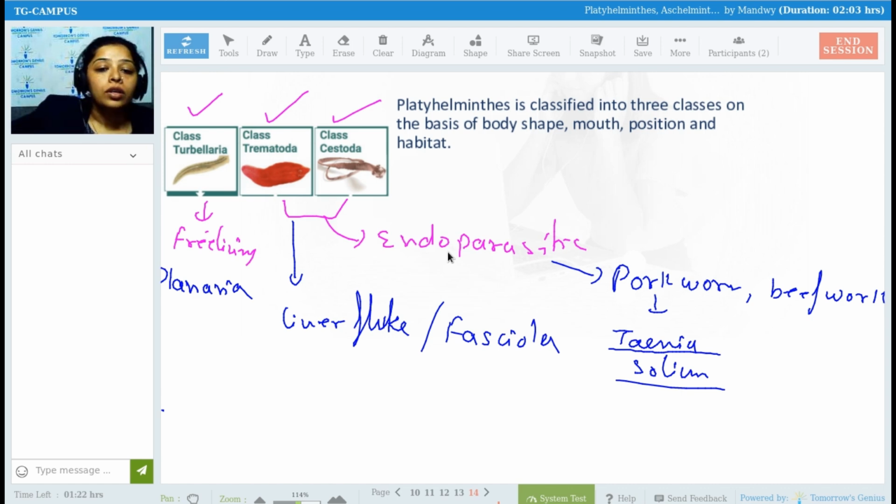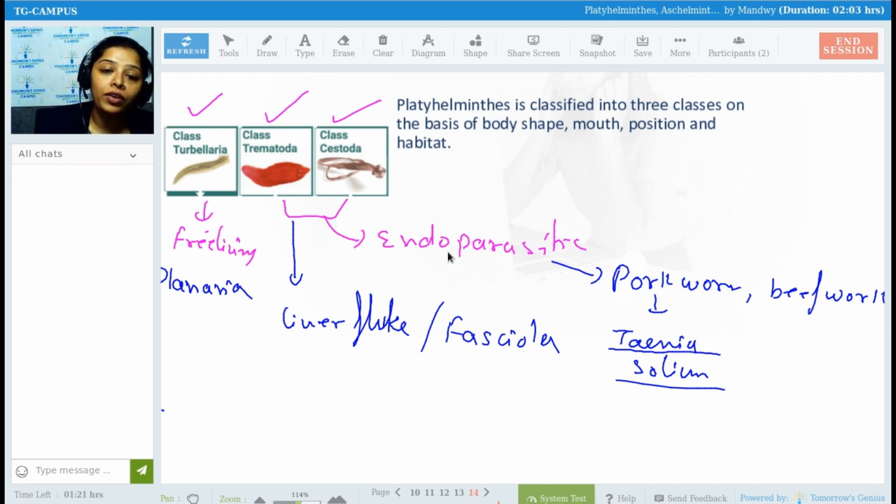In Turbellaria, suckers are absent. In Trematoda, suckers are present. In Cestoda, along with the suckers, they have hook-like structures. So this is one feature. Another feature was whether it is free living or endoparasite.